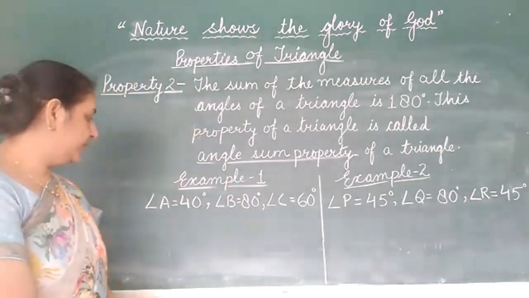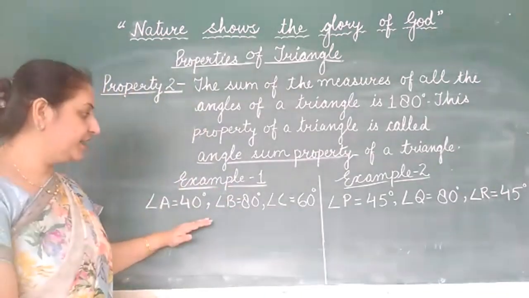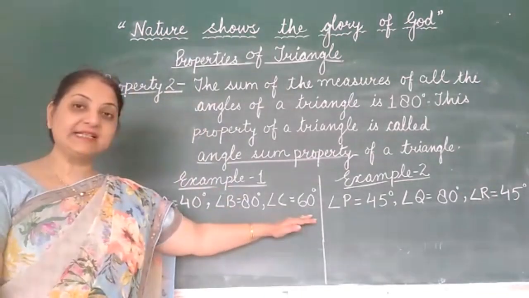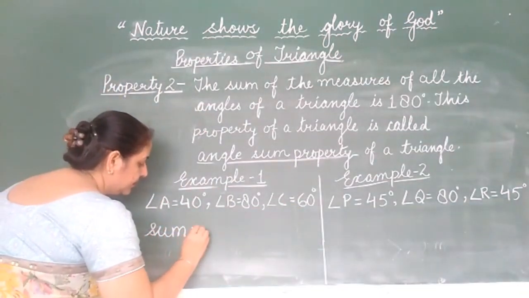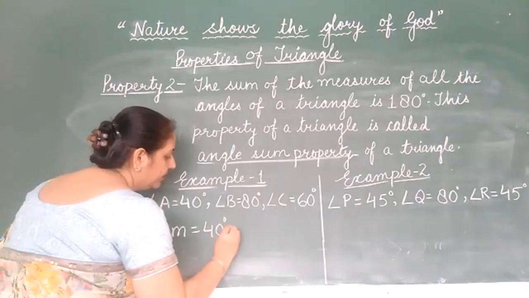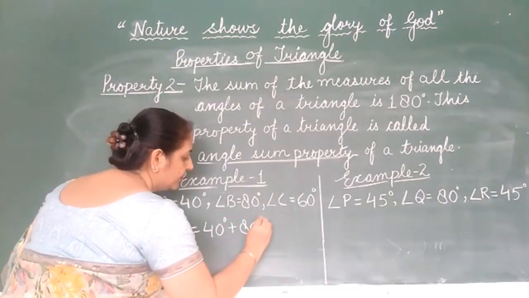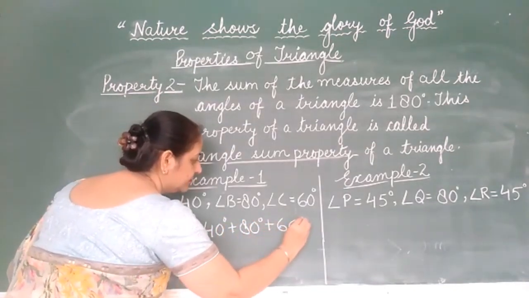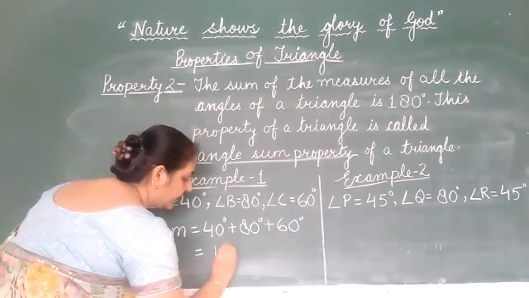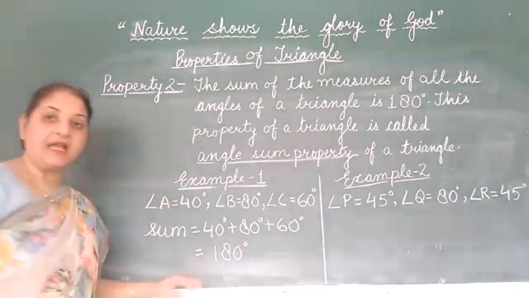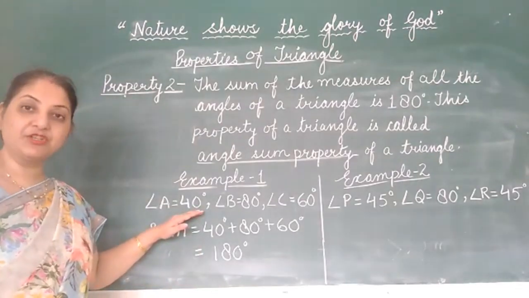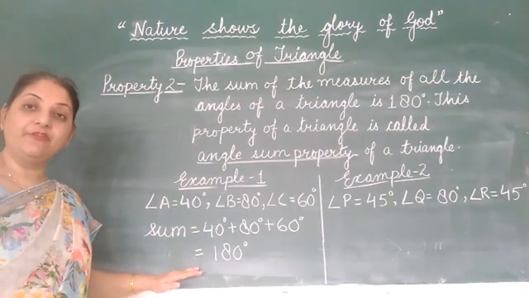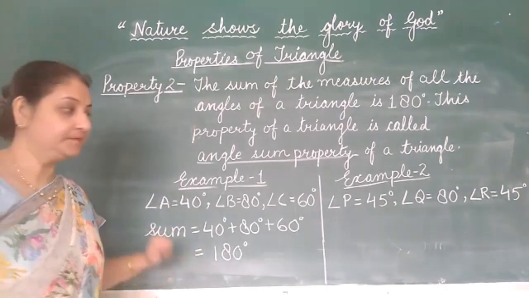In this example, the three angles given are 40 degree, 80 degree and 60 degree. The sum of three angles is 40 degree plus 80 degree plus 60 degree is equal to 180 degree. As the sum is exactly 180 degree, with the given measurements of angles, we can form a triangle.